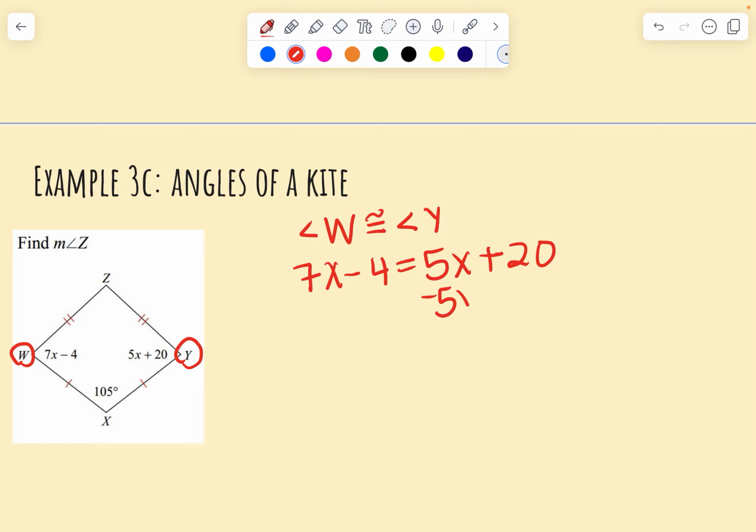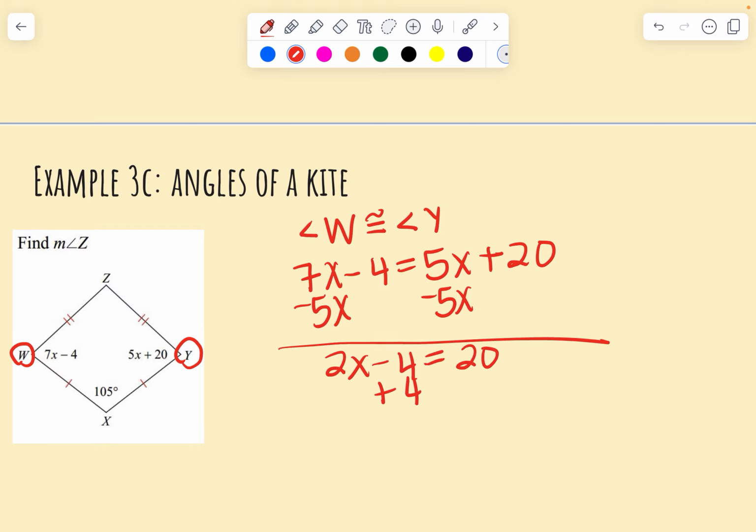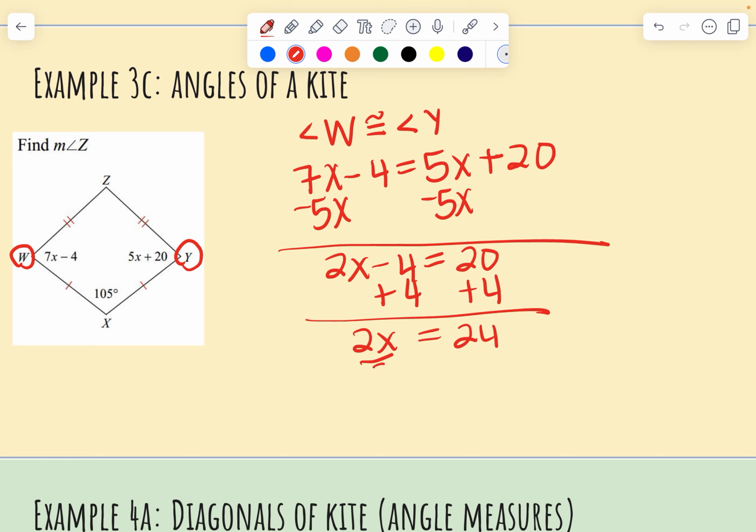So solving this, we'll take 5x from both sides. 2x take away 4 equals 20. Add 4 to both sides. 2x equals 24. And then finally dividing by 2, we'll get x equals 12.